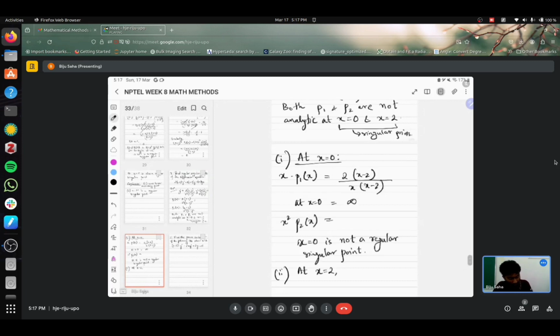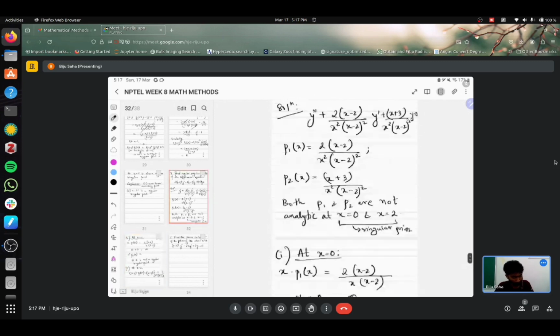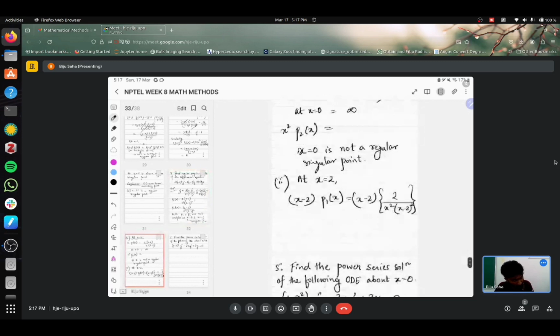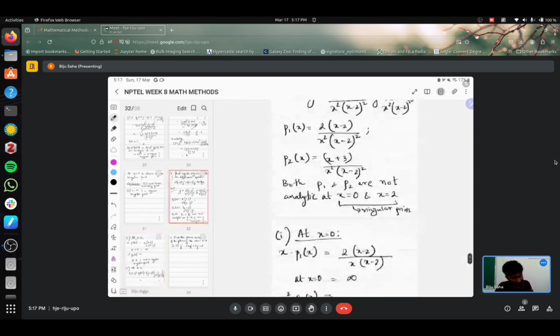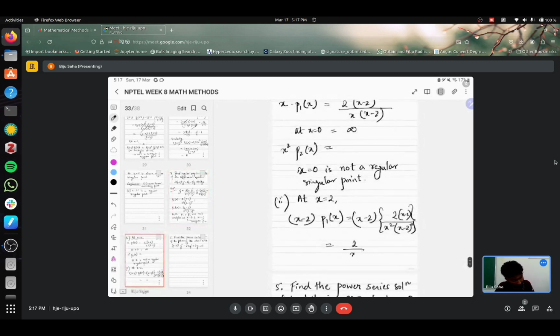At x equal to 2, you have to find out (x minus 2) P1(x).